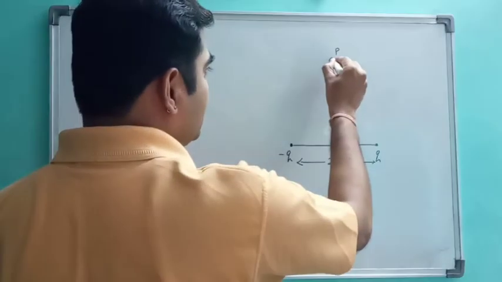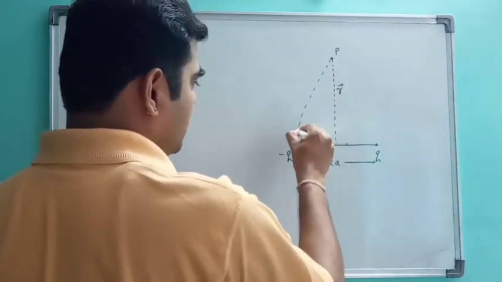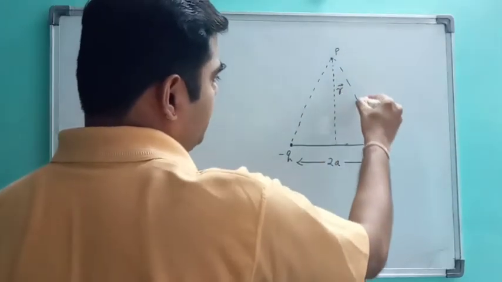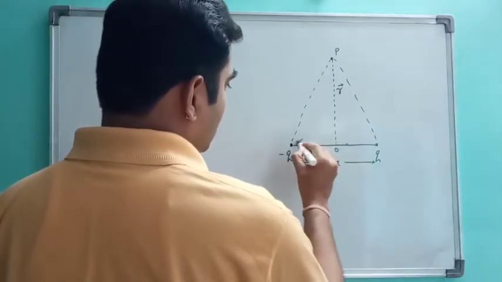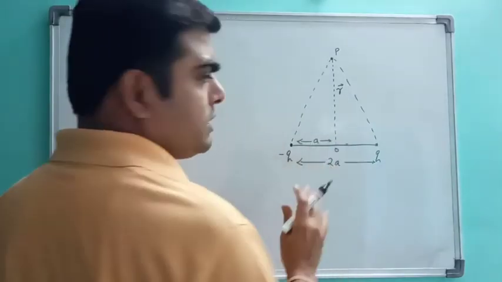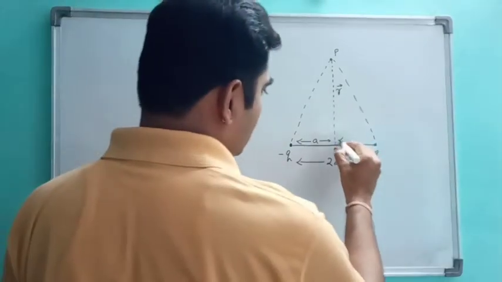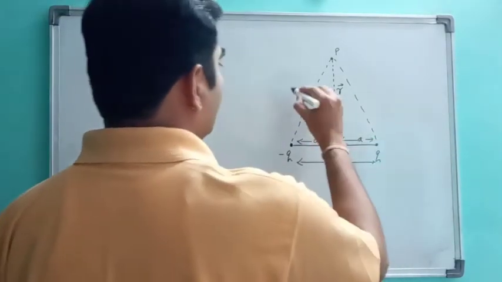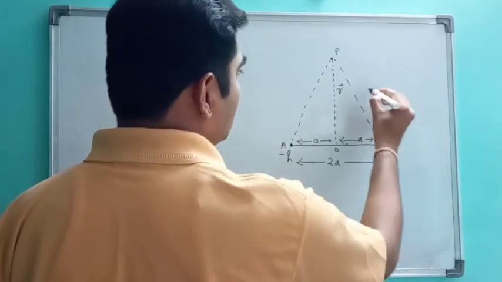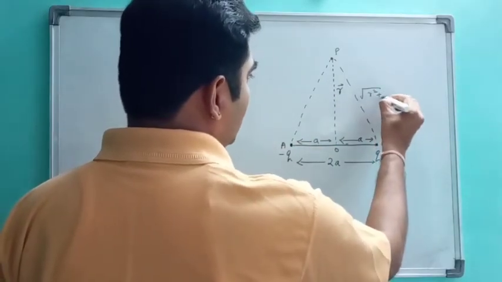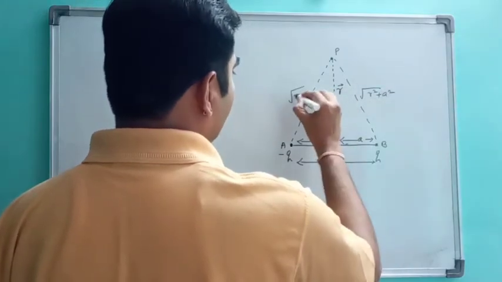The bisector is the perpendicular bisector of this dipole, dividing it into equal distances. So the distances AP and BP are both the square root of r square plus a square.